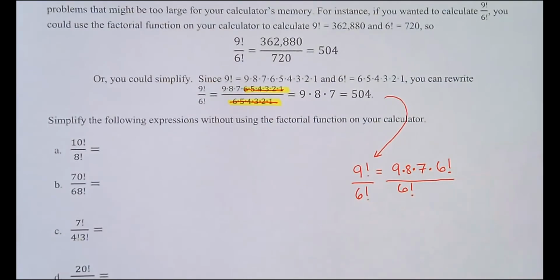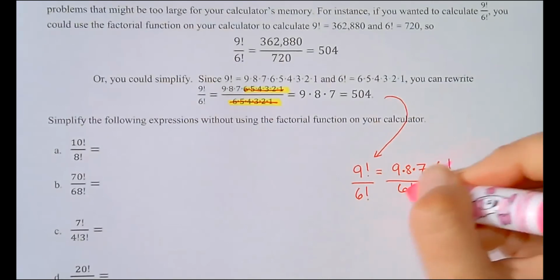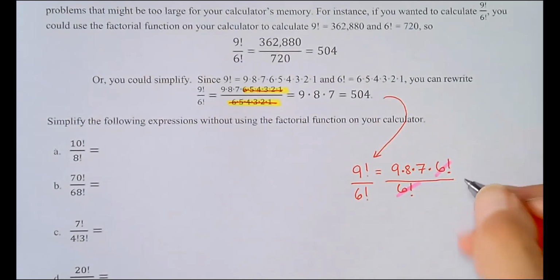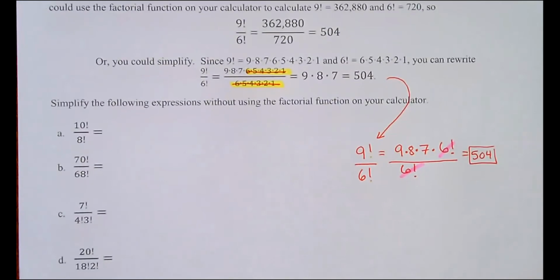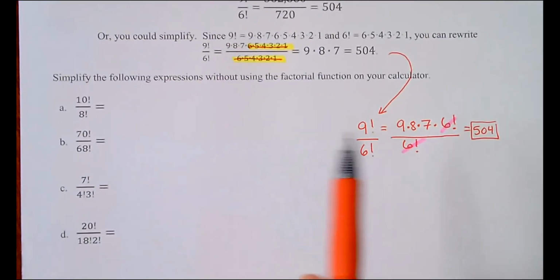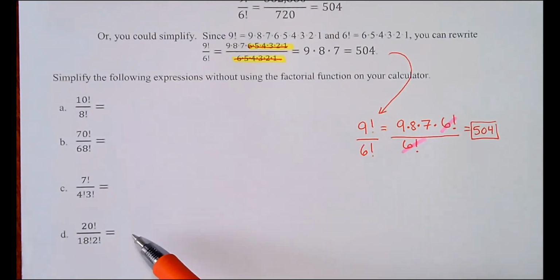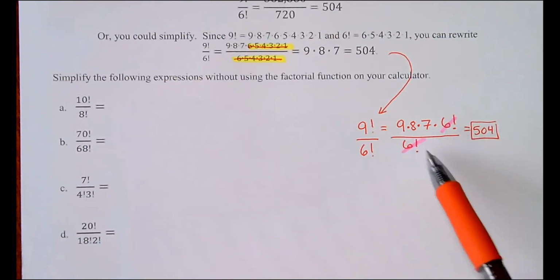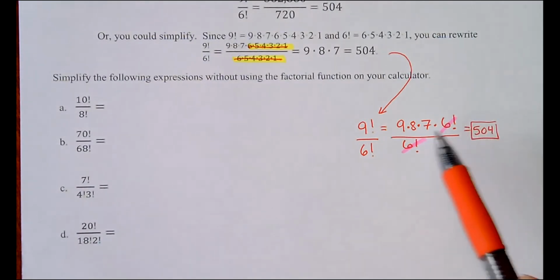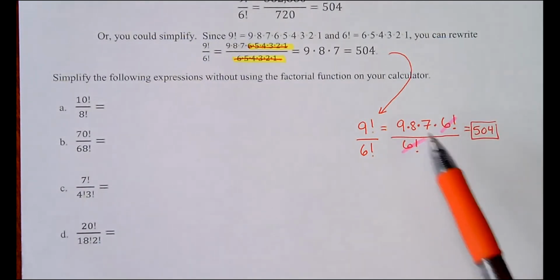And now the 6 factorial on top and bottom cancel out, and I'm just doing 9 times 8 times 7, which is 504. So what I'd like for you guys to do is apply this idea to each of these problems, breaking it down to the factorials like this, and then compute your final answer with what's left over. So try those now.